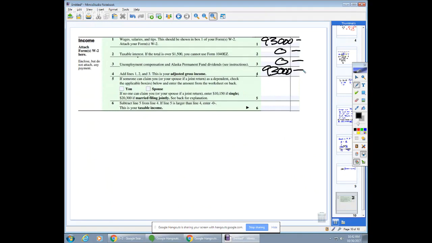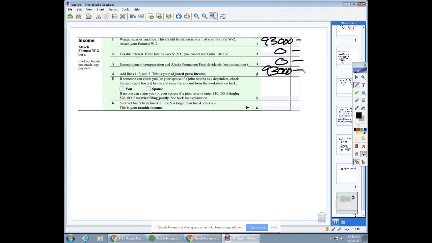Okay. If someone claimed you or your spouse on a joint return as a dependent, check the applicable boxes below and enter the amount from the worksheet. They said they couldn't claim each other, and no one else was claiming them, so we can't check either one.